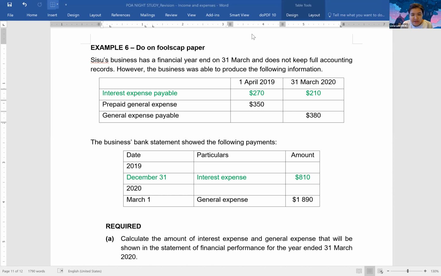Idora, your general expense is correct. Good job. Sorry, Idora. The rest of you, submit your work, submit your work.